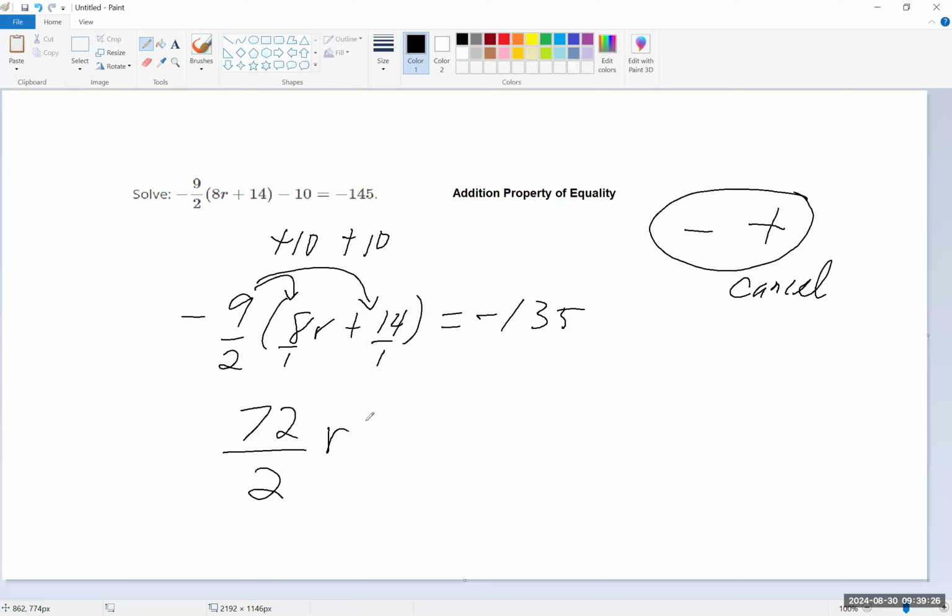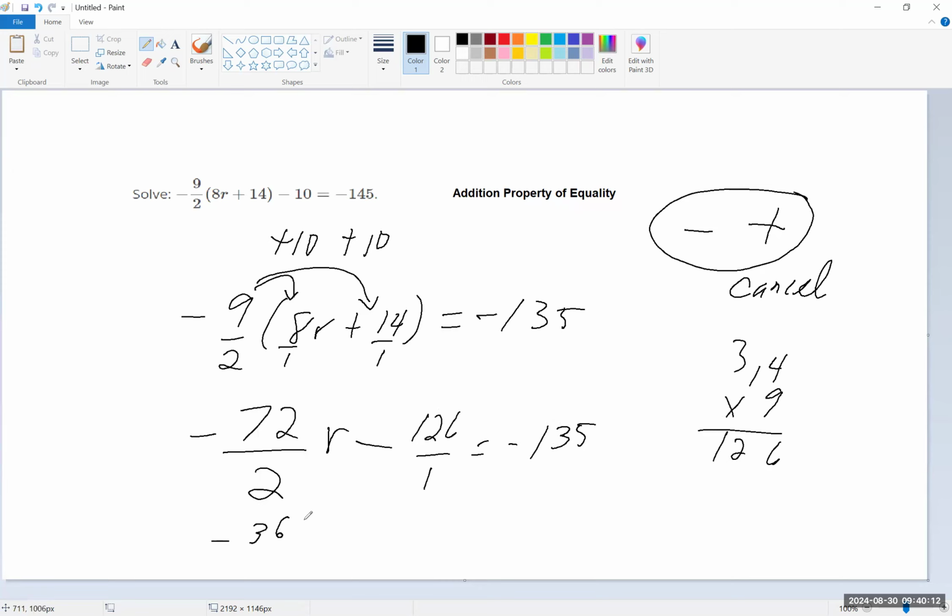So this would be a negative 72 halves. And then 9 times 14 is, I'm getting 126. 72 divided by 2 is 36, so we get negative 36r.